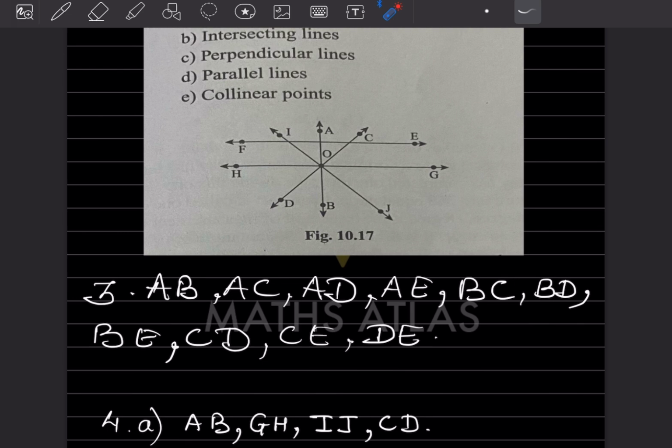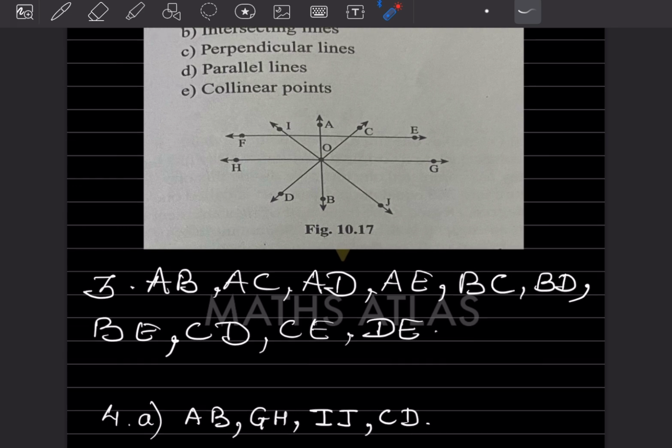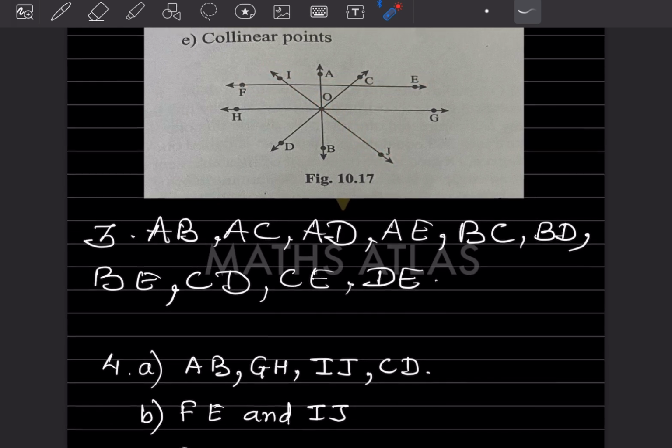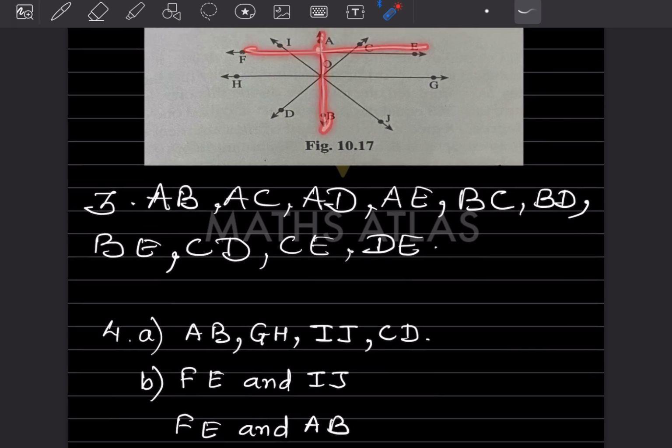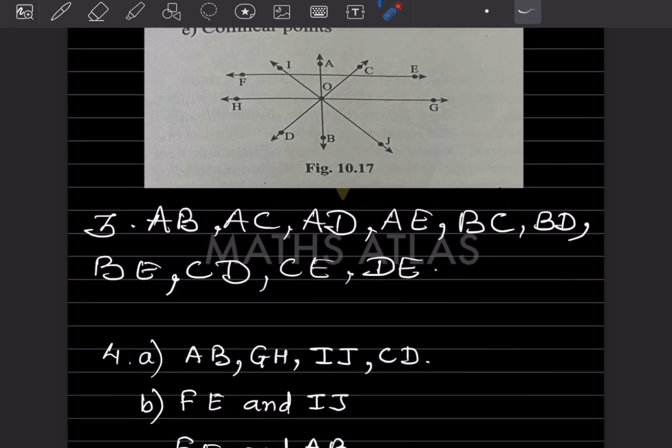So here we can see two lines. For this one, FE and IJ, they are meeting at one common point. Then the second one, FE and AB, meeting at this point. Then again FE and CD.